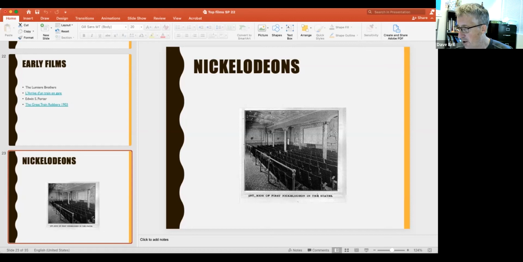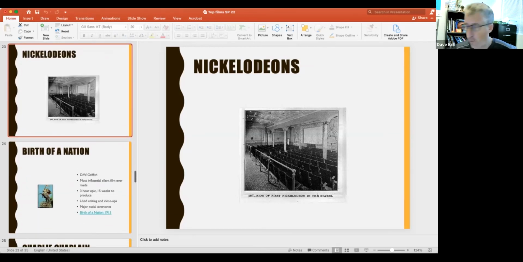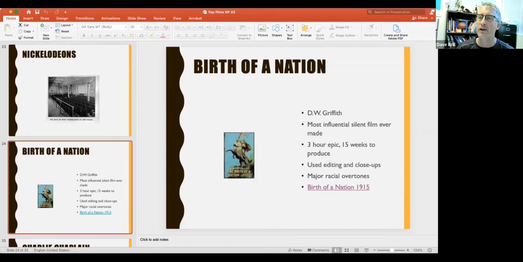Movie makers produced longer, more sophisticated films to exhibit in such improved surroundings. And by 1914, 40 million patrons attended movies weekly, which leads us to our next significant film.